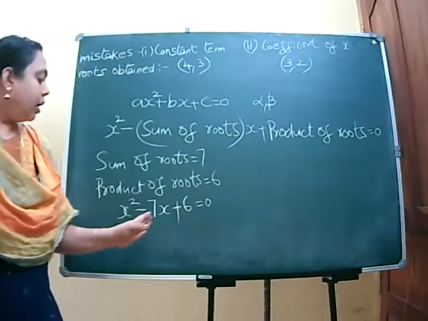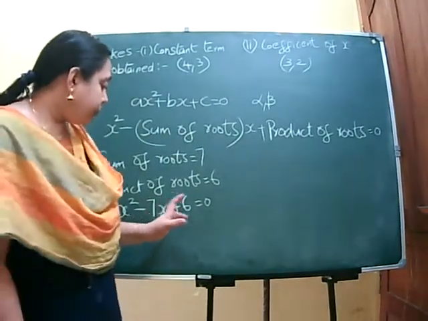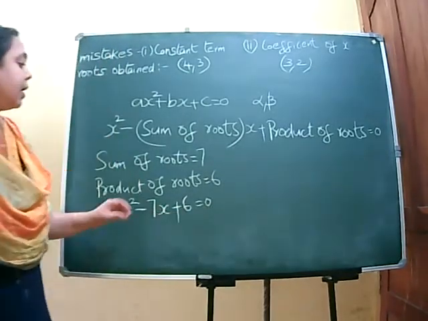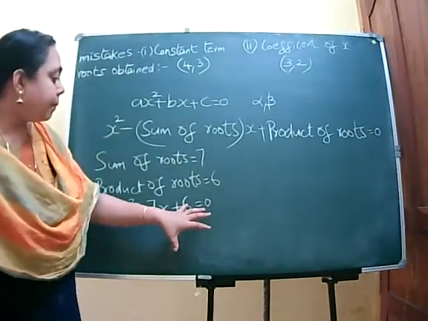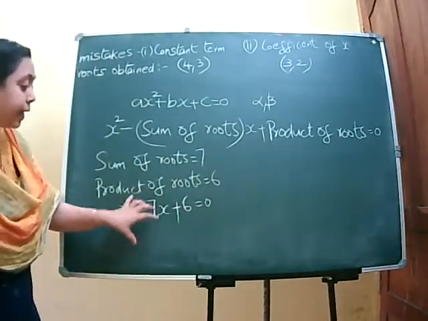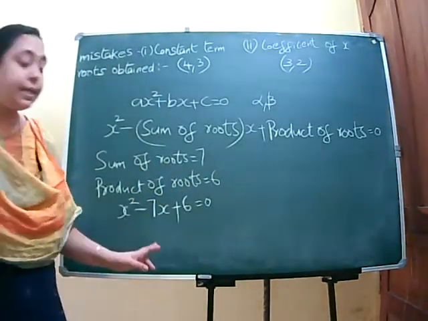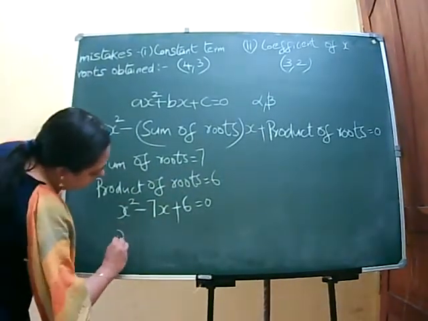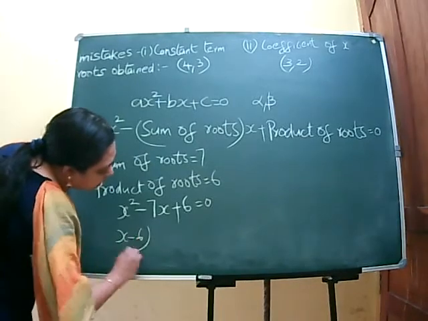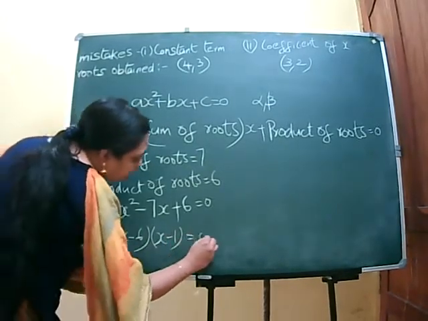Now we have to split this, as the last term must be the product of the roots and the middle term must be the sum of the roots. So we can split this as x minus 6 into x minus 1 is equal to 0.